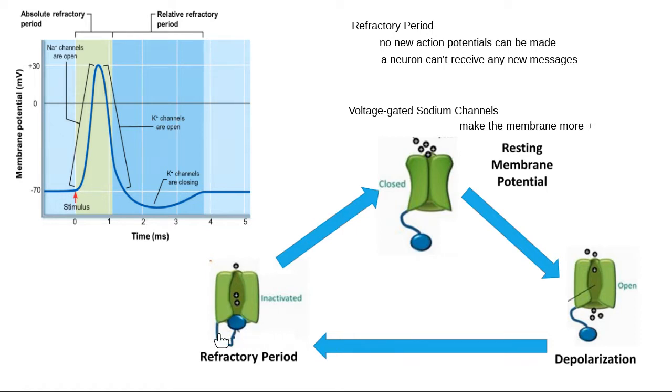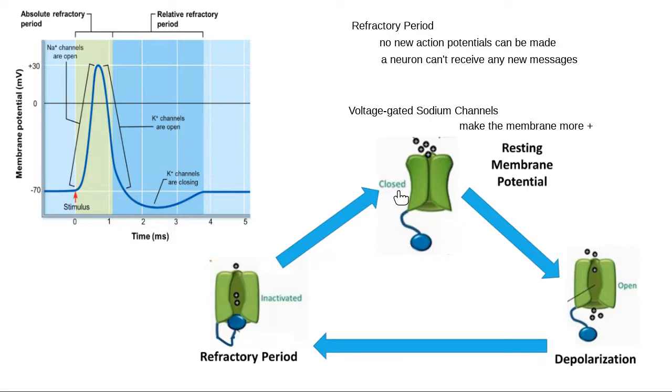My inactivation protein slides into place, blocks this channel, and now my voltage-gated potassium channels can do their job to get me back down to normal. Once I get closer to normal, I will change back to my normal shape where I'm closed and I'm waiting to receive a message.